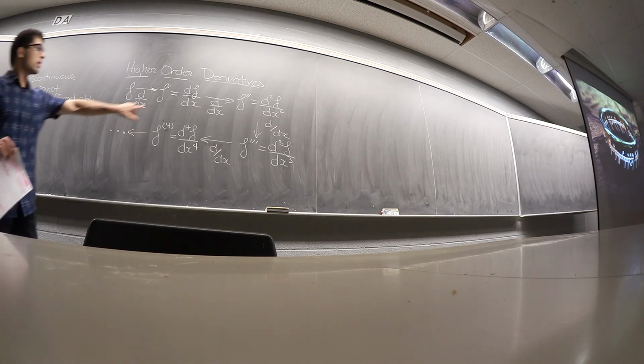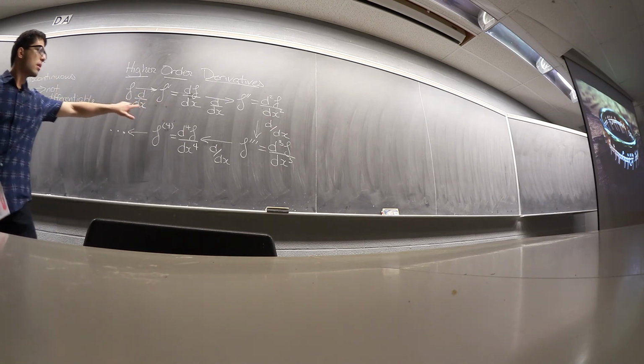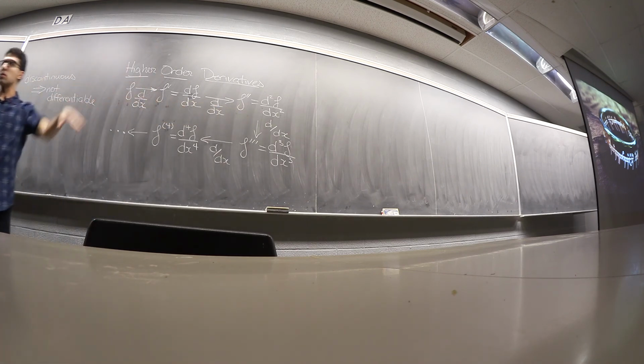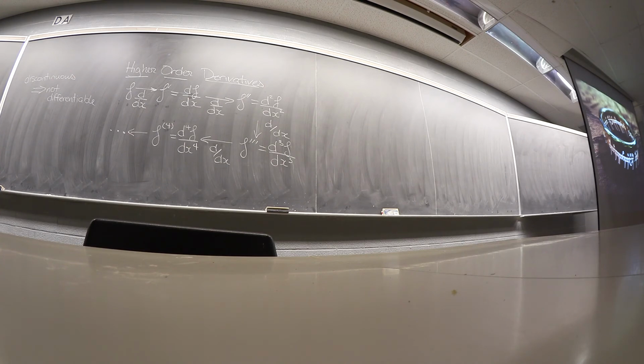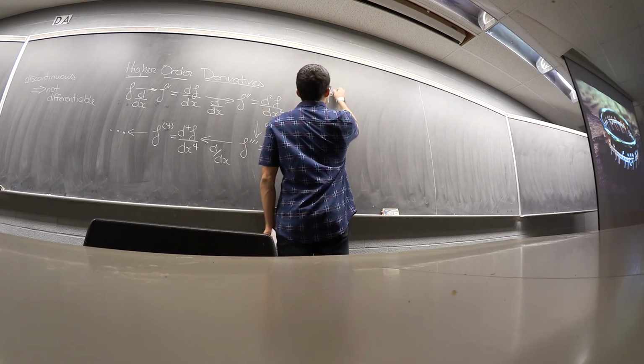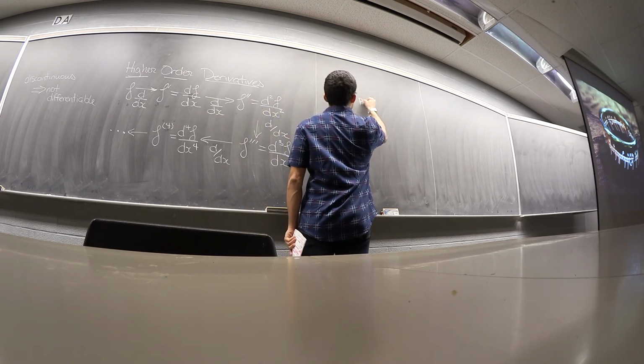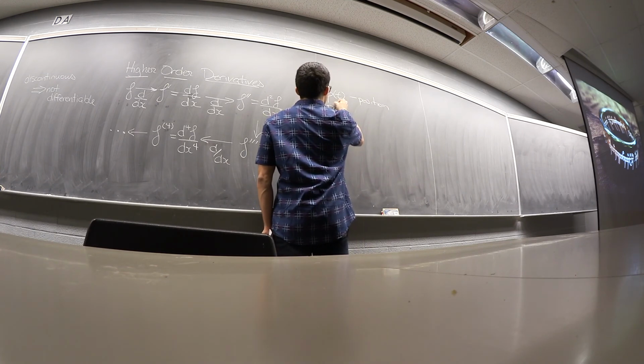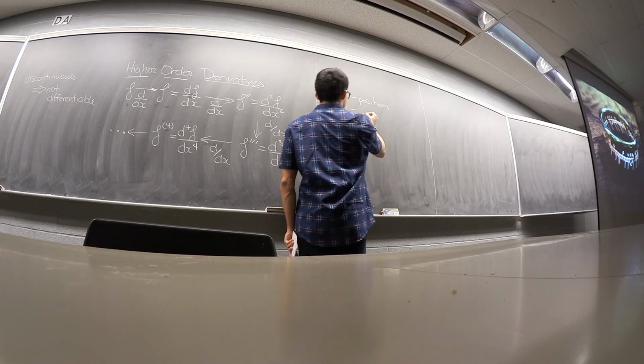And just as the first derivative talks about the instantaneous rate of change, this is talking about the rate of change of the rate of change, and so on. So these are higher order rates of change. For example, we have position as a function of time. The first derivative is called what?